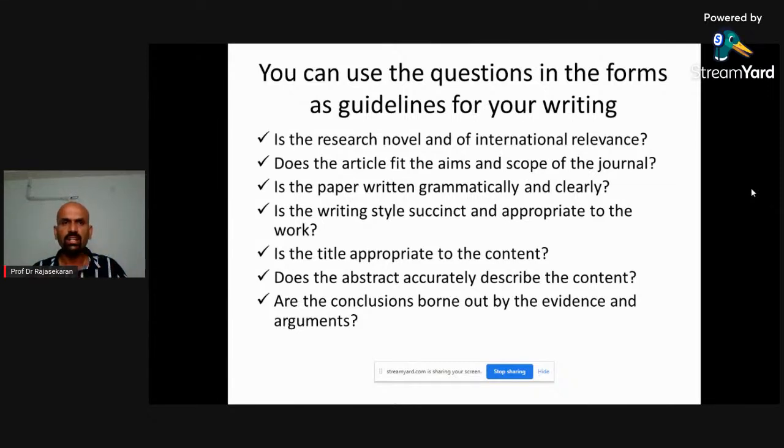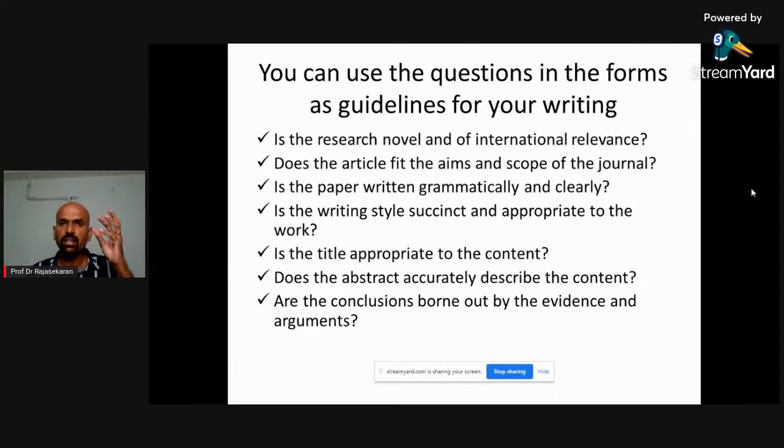Second thing, does the article fit the aims and scope? Generally 85% of papers are rejected when the paper doesn't fit the aims and objectives of the particular journal. So the first thing, when you submit a paper to a journal, please read the aims and objectives of that journal.